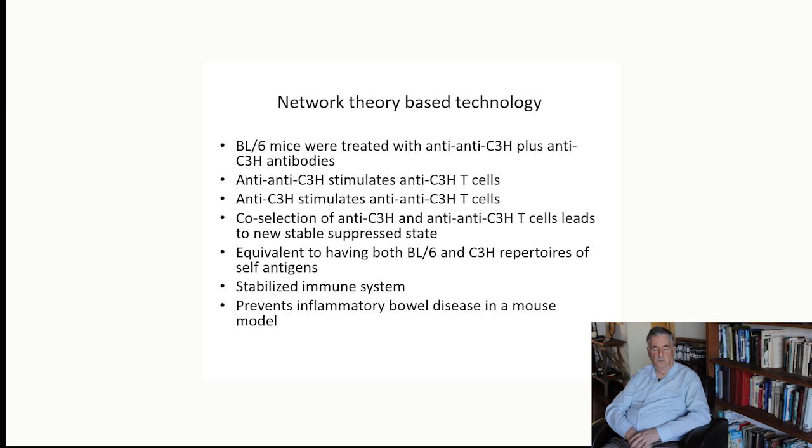And we found that this stabilized immune system was resistant to the induction of an inflammatory bowel disease, including, for example, colitis and Crohn's disease in humans. So it was a mouse model for inflammatory bowel disease, and inflammatory bowel disease includes the two diseases that I just mentioned.